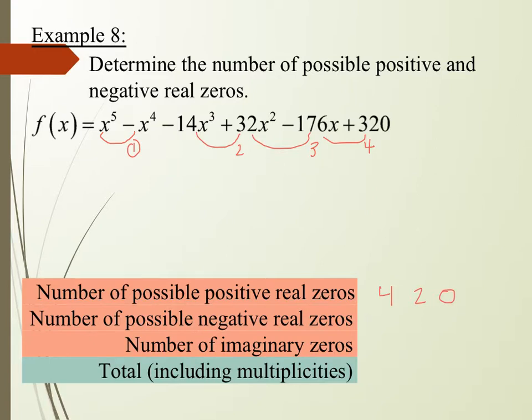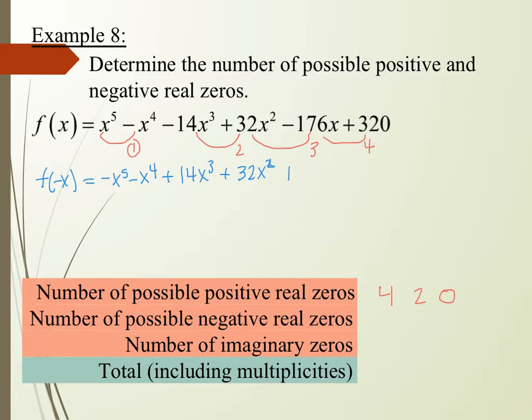Now we're going to evaluate it at f of minus x, and we get a negative x to the 5th minus x to the 4th, and then we put a negative x in there, we get a positive 14x cubed. That would still stay as a positive. When we put in the x squared, we can get a positive still.